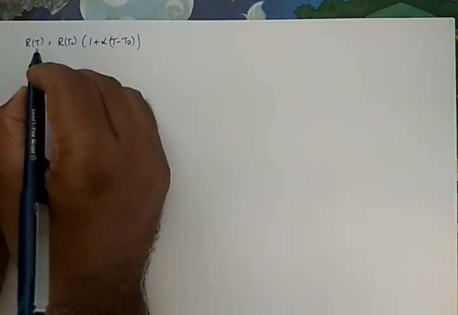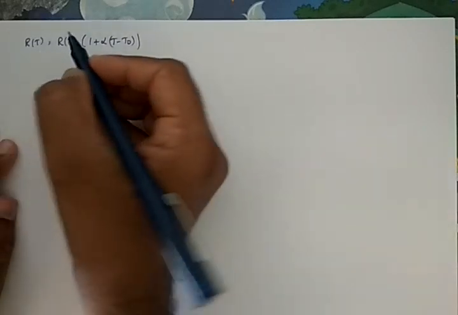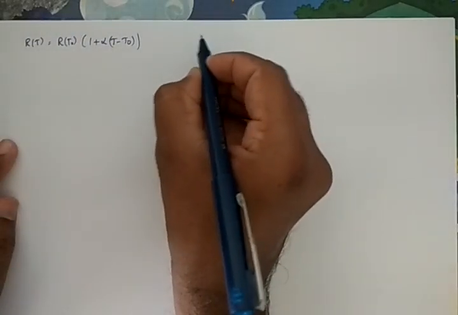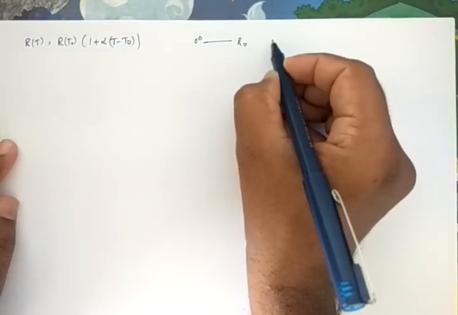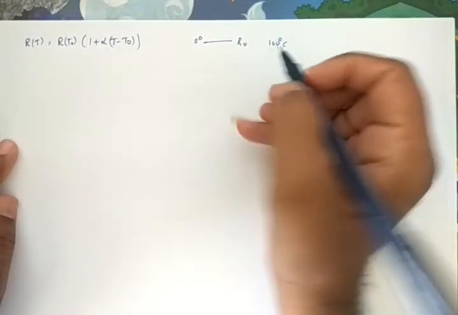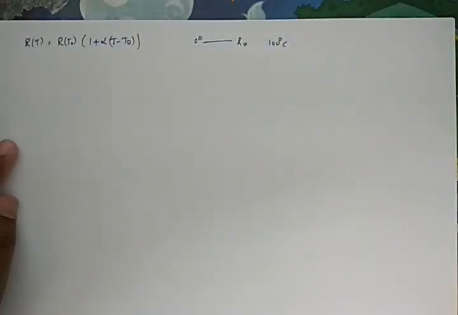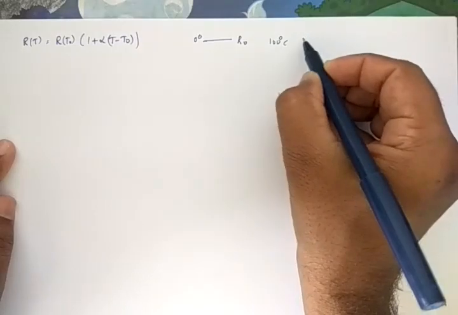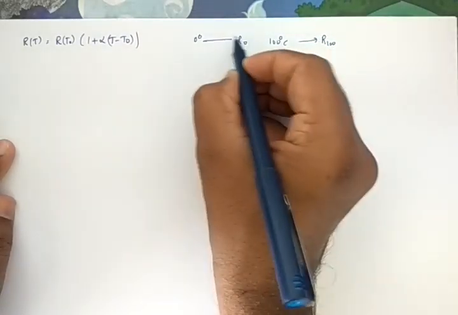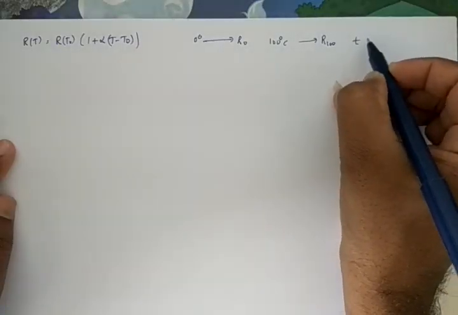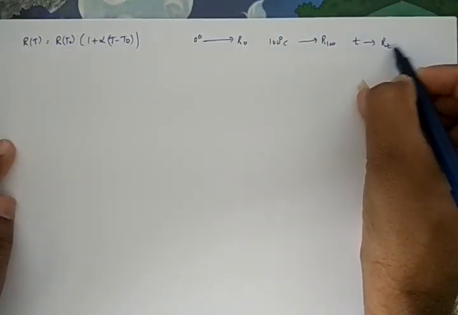Let the resistance of the wire at 0 degrees centigrade be R0, the resistance at 100 degrees centigrade be R100, and at temperature T the resistance be RT.